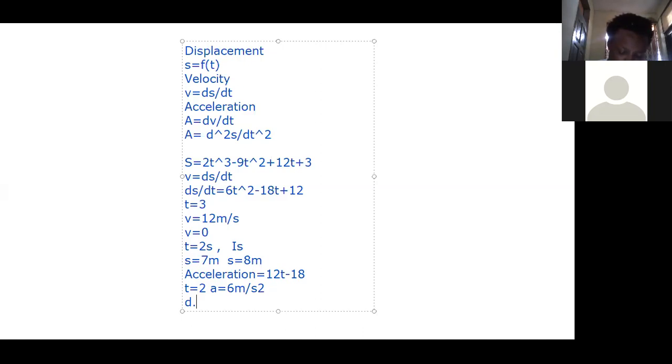We should find velocity when the acceleration is 8.4 meters per second squared. So we can equate it to the acceleration equation we had here and get t. And when we get t, we put it into the velocity equation and find the velocity. Do you agree?